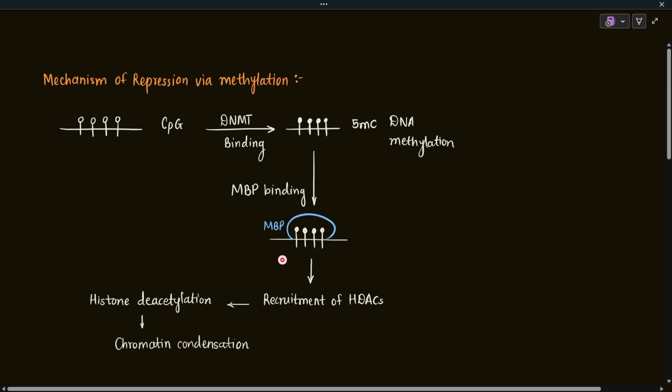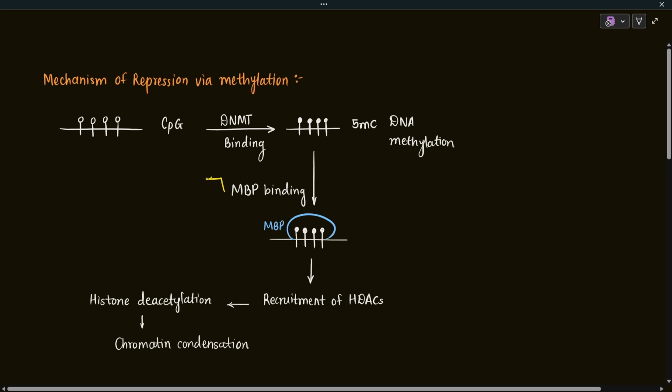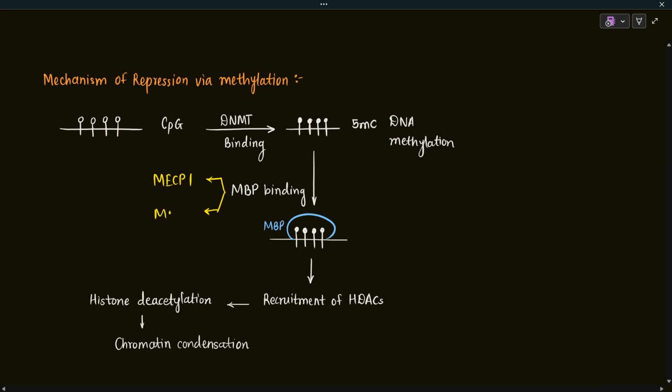capable of binding certain proteins, and those proteins are known as methyl binding proteins. Take a note that methyl binding proteins can only bind to methylated DNA, and that's why they are known as methyl binding proteins. There are two types of methyl binding proteins: MECP1 and MECP2.